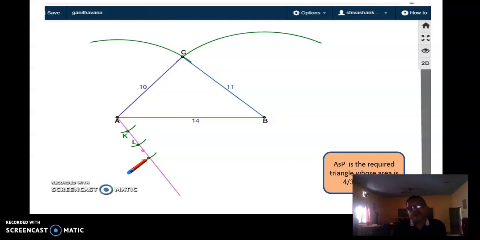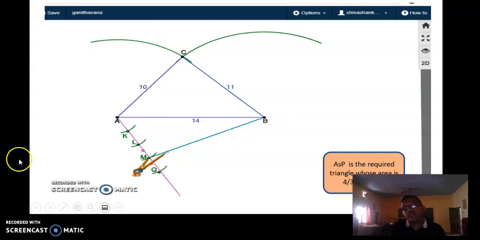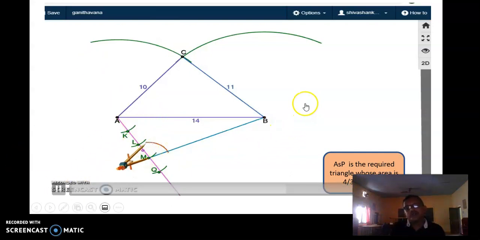From M, cut another arc at N. Now instead of joining the last point N, as in the previous problem where we joined NB, here we require a greater triangle, so 3/4. After 3, so 1, 2, 3, join this to this, and now the required triangle comes outside the given triangle.